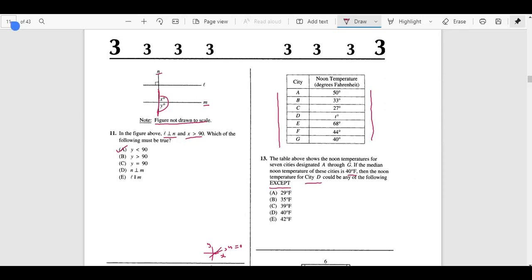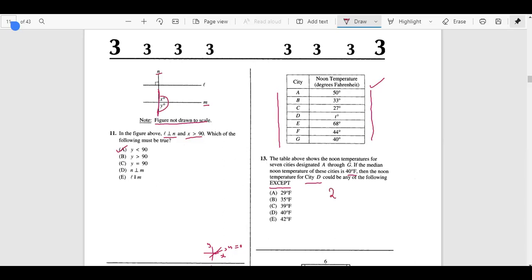Here they're talking about the median for this data. First, let's talk about what median is. We have discussed median, and the very first condition for finding the median is to arrange the data in ascending order. So let's just do that first.